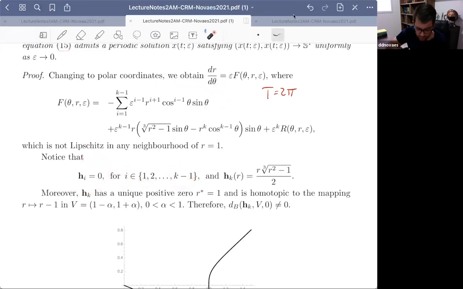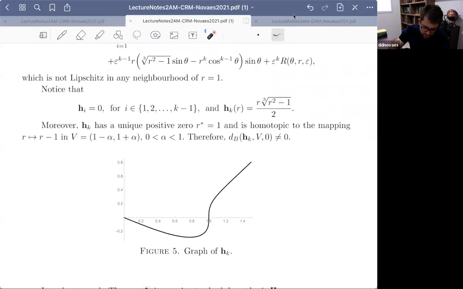And when we compute the kth averaged function, since we have to integrate this function, this also vanishes, but here we have a sine squared, and this does not vanish. And the average function of order k is given by this expression, r times the cubic root of r squared minus 1 divided by 2. So this is a non-Lipschitz function in a neighborhood of r equal 1.